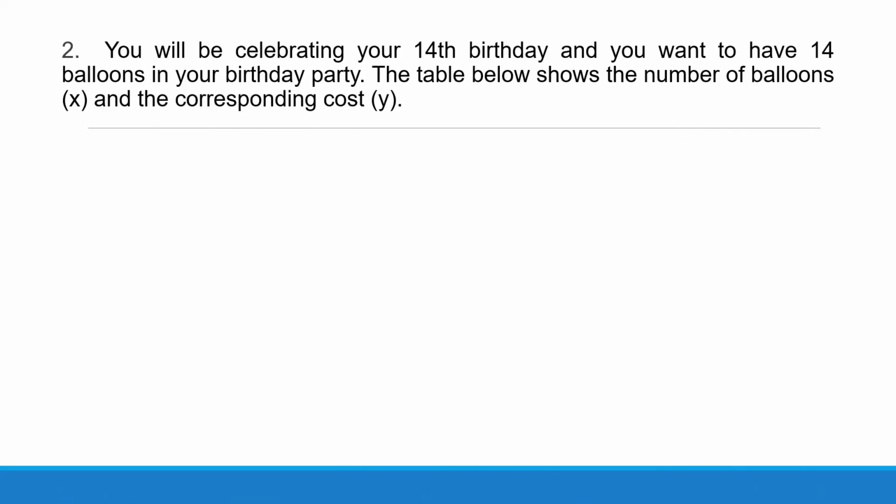So, next we have here another example. You will be celebrating your 14th birthday. And you wanted to have 14 balloons in your birthday party.